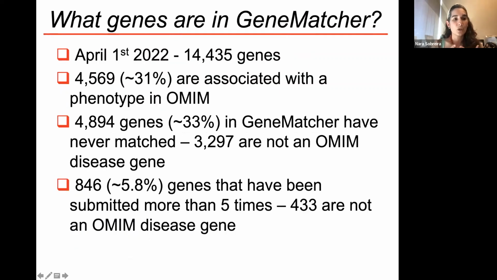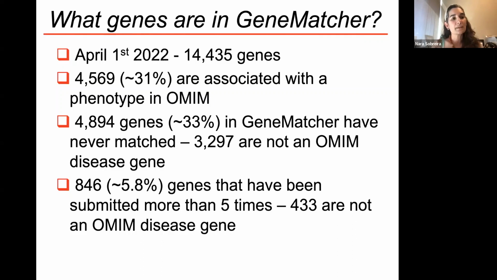So what kind of genes are in GeneMatcher? What are we talking about putting in GeneMatcher? When we created GeneMatcher, we made the point that we wanted GeneMatcher to be for novel disease genes. So we would say, put the gene that doesn't have a phenotype in there, because we want to see if we can find a phenotype for the genes that don't have a phenotype.